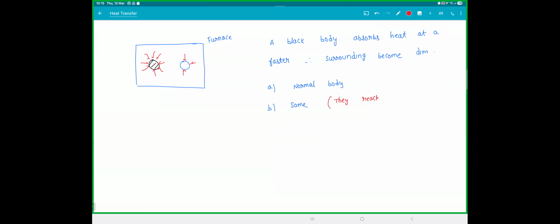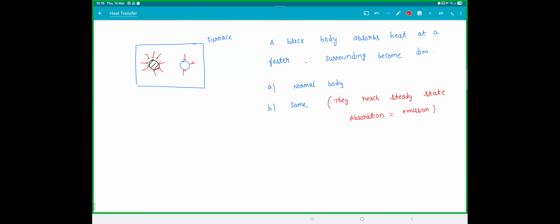So you can't tell the difference. You can't even see the bodies actually. They will mix up with the background. Everything will look normal. They reach steady state. Whatever you're absorbing from the surrounding, you're emitting. So you can't tell the difference.